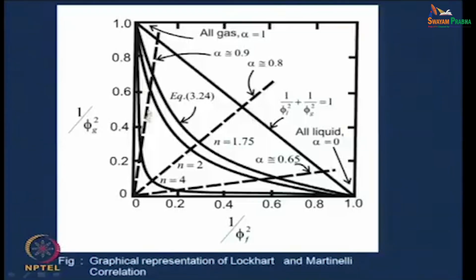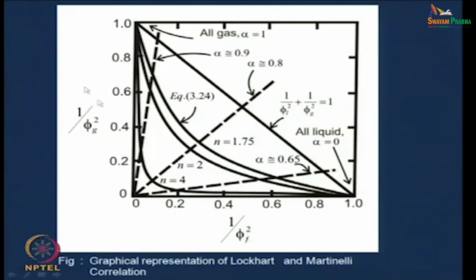The initial attempt, as I have already told you, was this particular graphical correlation which I have shown in this graph, and this probably explains why I have expressed this graph in the form of 1 by phi g square and 1 by phi L. This should have been phi L square.